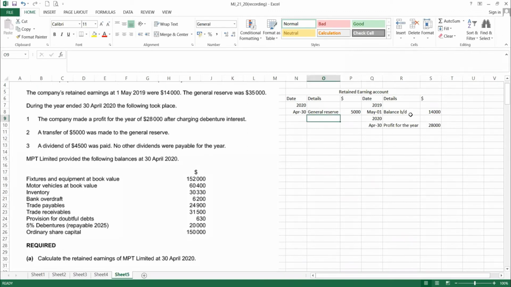Here, dividend paid, 4,500. Now, is there anything else in the question? No more. So we can start to calculate the balance carried out.